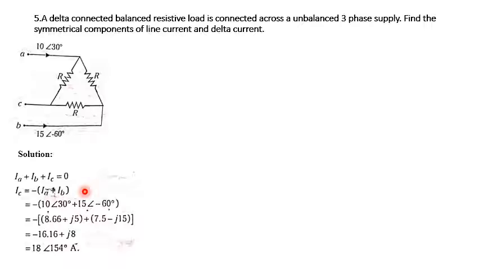Why are we doing this? Because we don't know the value of the current IC, so we have to calculate that. Substitute the IA and IB values, and we will get 18 at an angle of 154 degrees amperes. Now consider the symmetrical components of the line current.